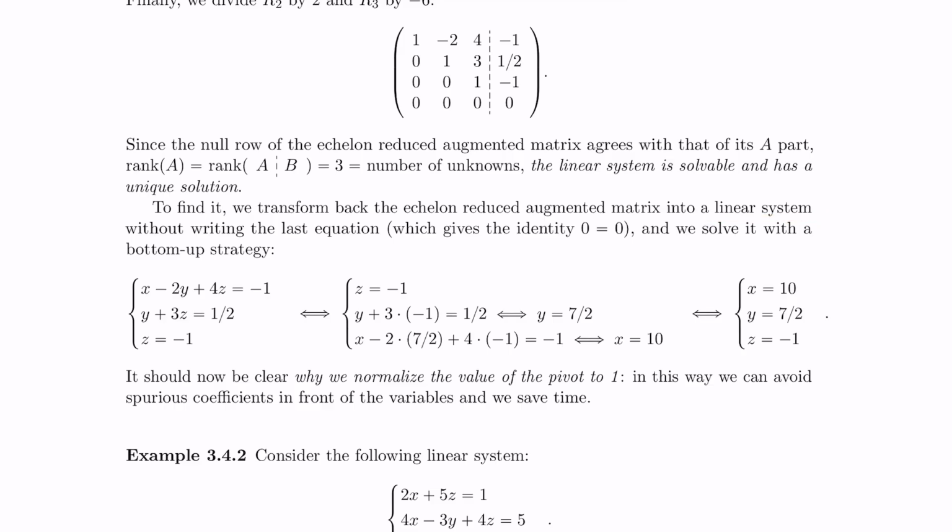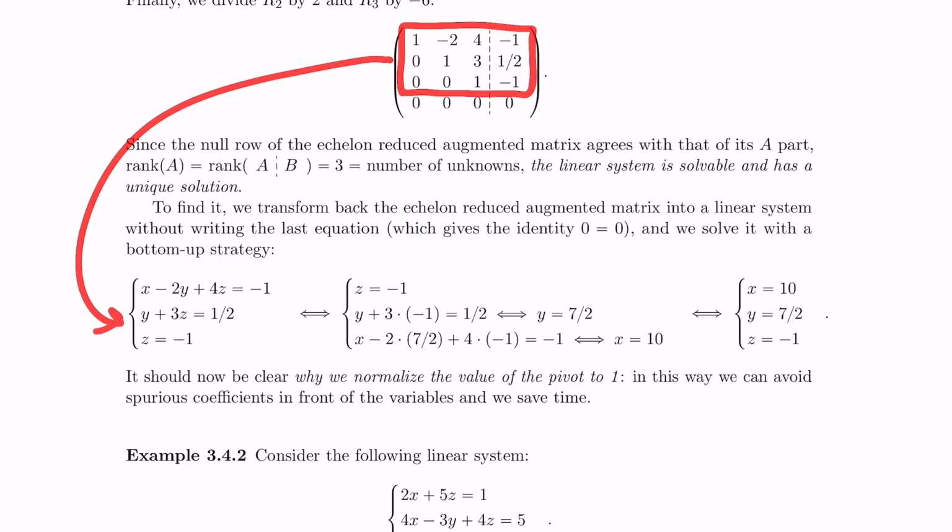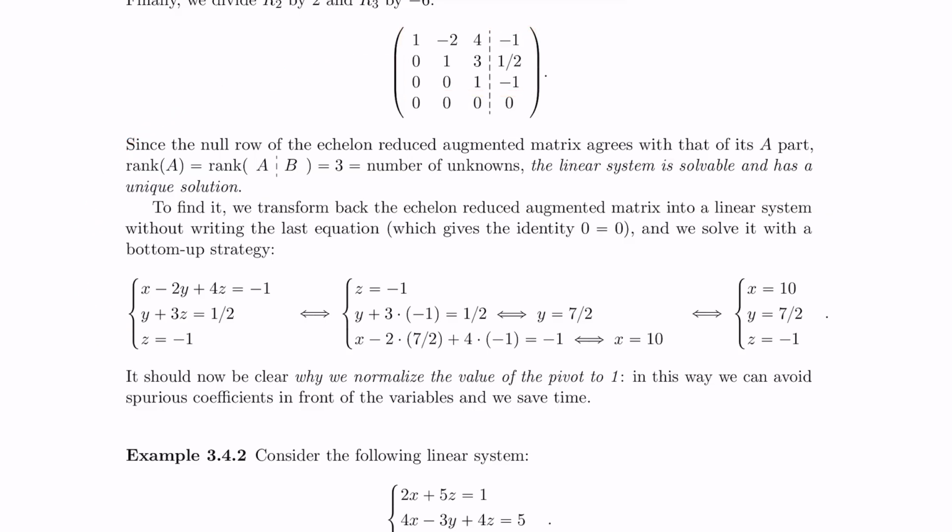Notice that it's useless to write the last row. In fact, this gives the identity 0 = 0. Hence, if we consider just the first 3 rows, we obtain this system here. We solve this system using a bottom-up strategy, meaning that we start from the last equation and then we go up.